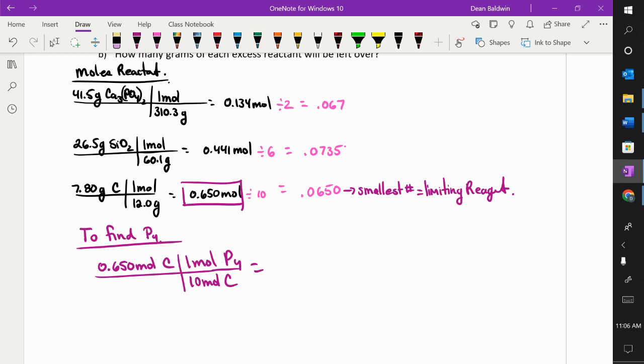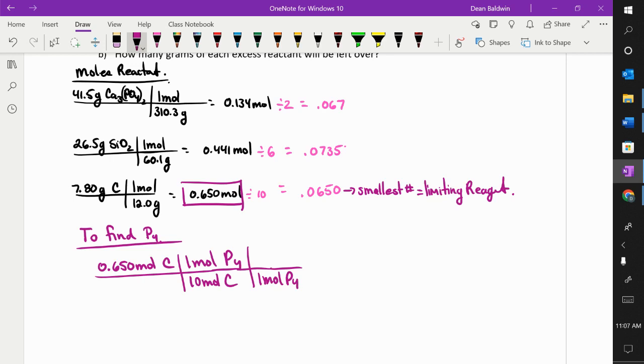But we want the mass, right? So what's the mass of phosphorus? 31. So phosphorus is 31.0. But we're not finding just phosphorus. We're finding P4, right? That's what phosphorus is in its elemental form. So 1 mole of P4 is 4 times 31.